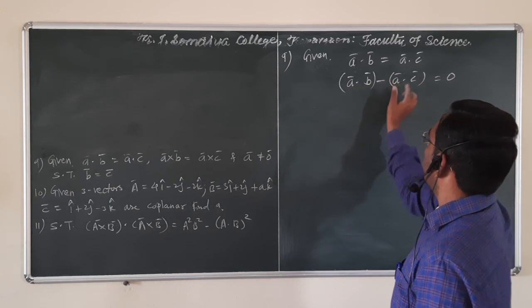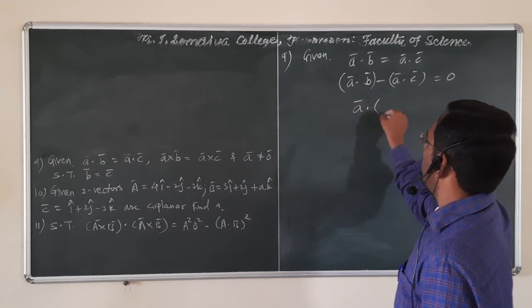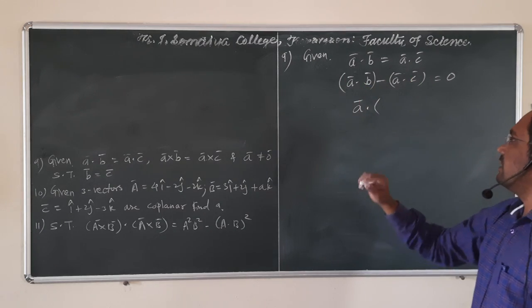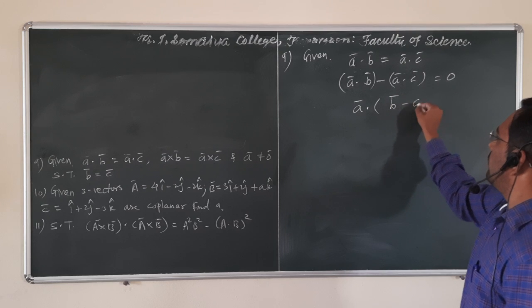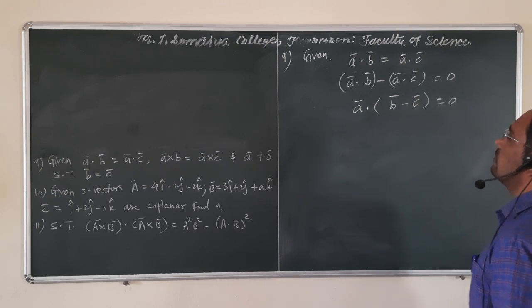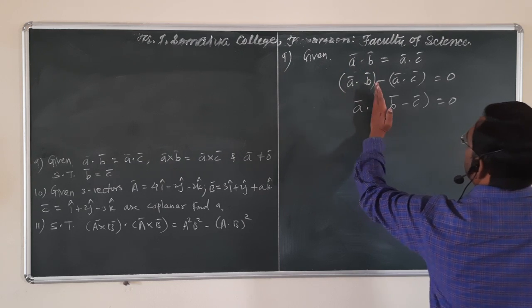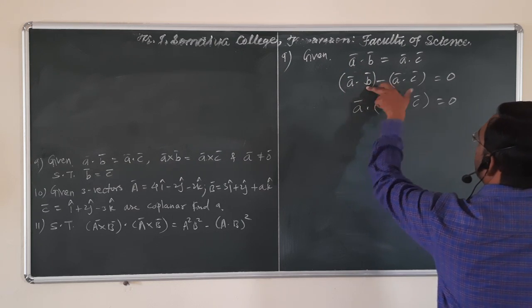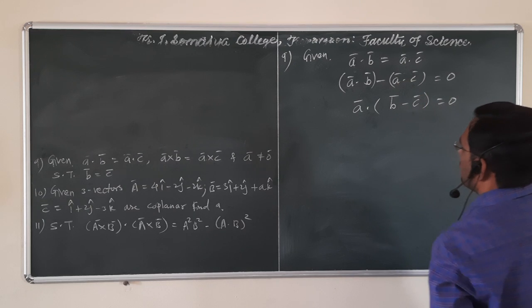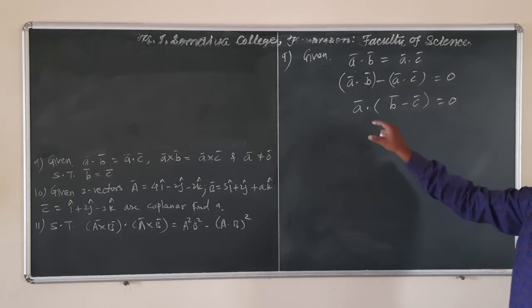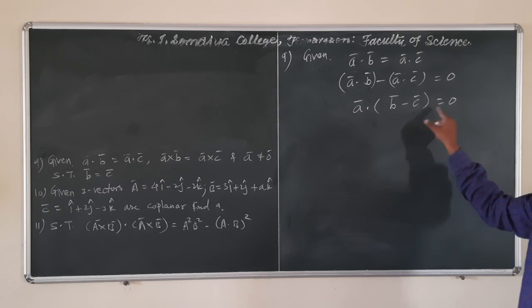So this can be written as vector A dotted with, taking vector A common, vector B minus vector C is equal to 0. So vector A dotted with vector B minus C.